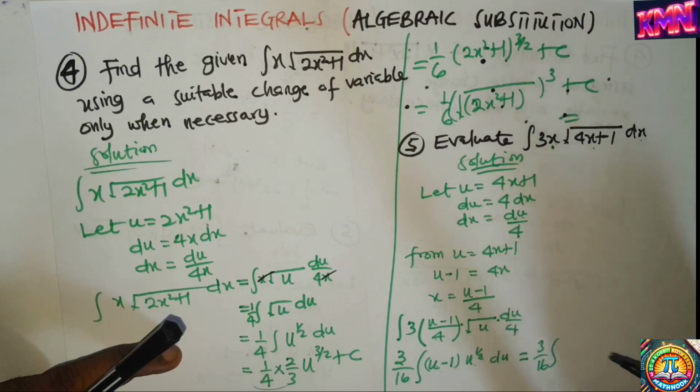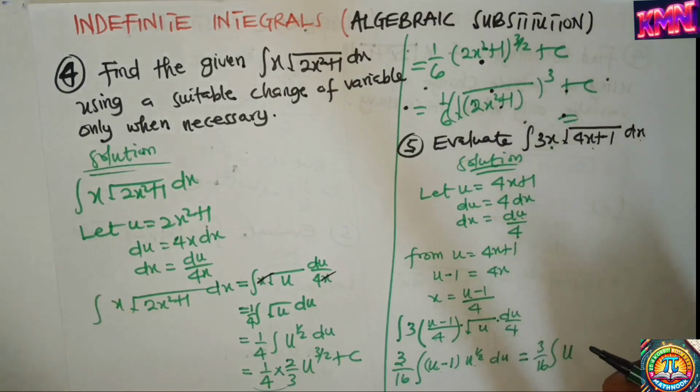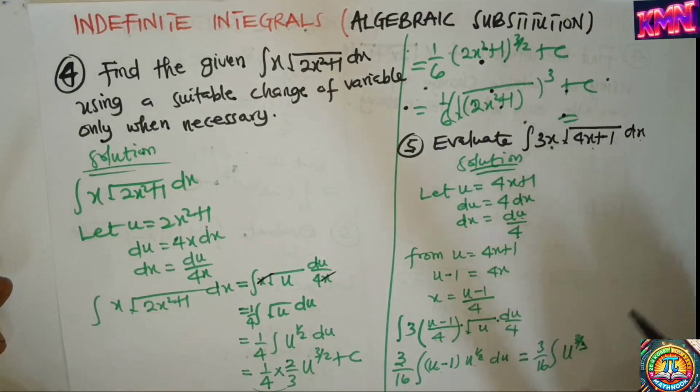We add the powers, and that will give us u power 3 on 2, and then this by this, minus u power half du. So now we can integrate at this point.